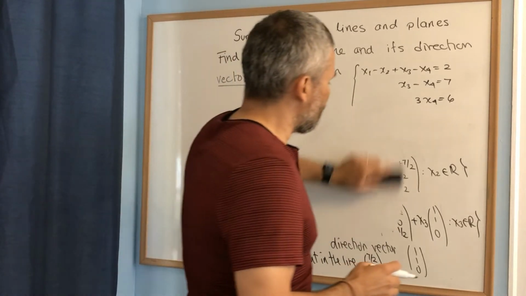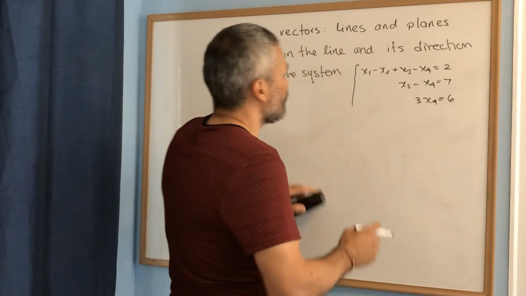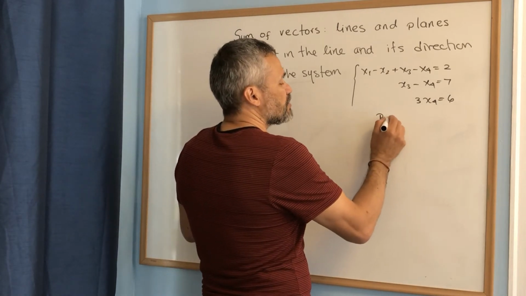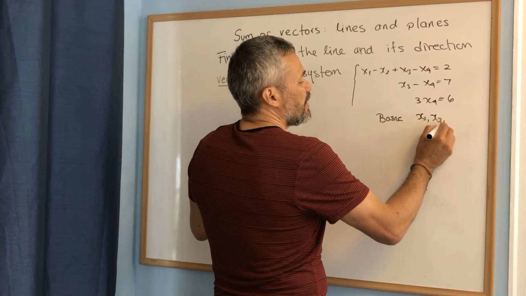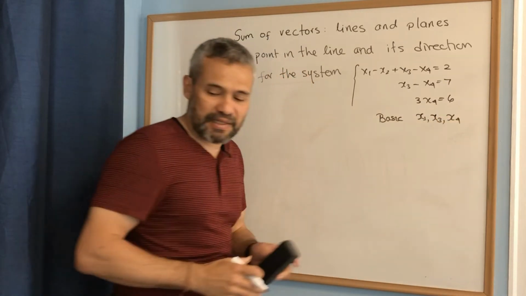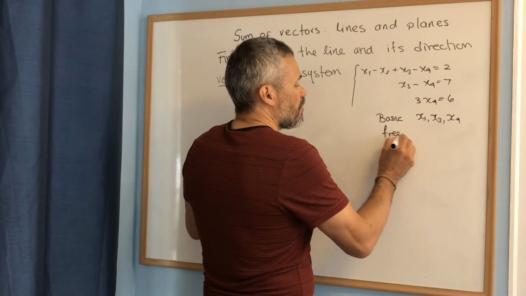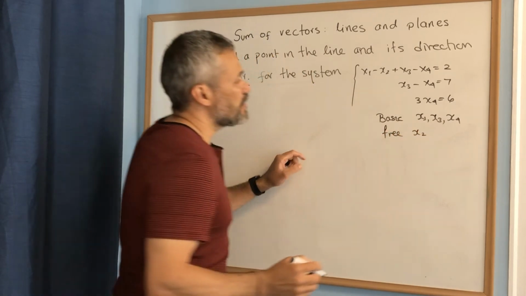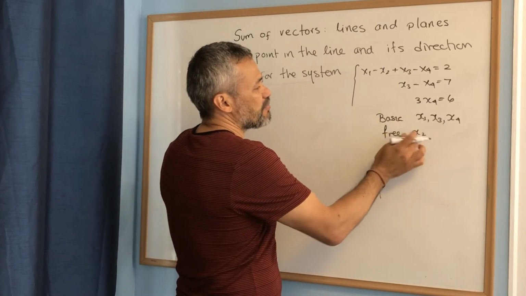Then this is a good system, right? And the basic variables will be x1, x3, and x4, and the free variable would be x2.